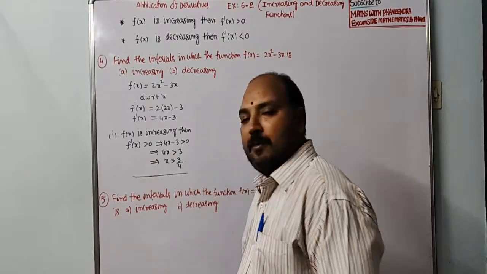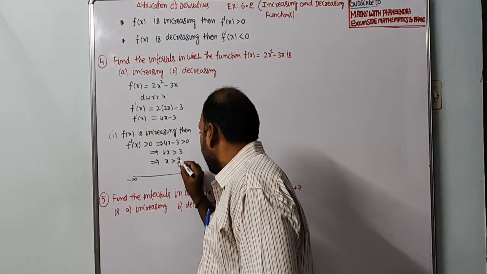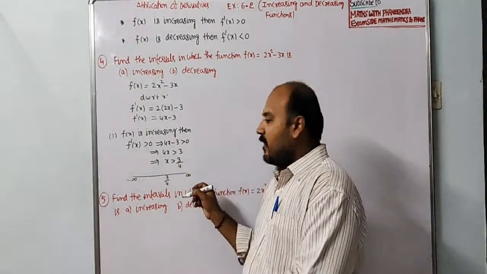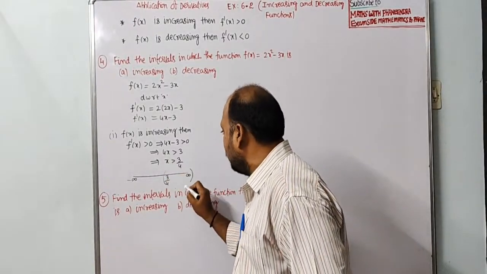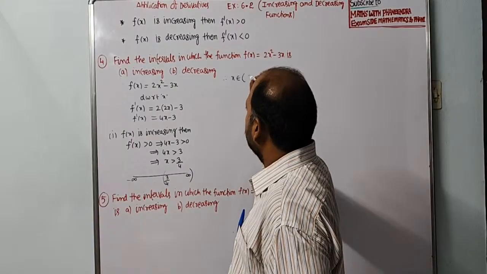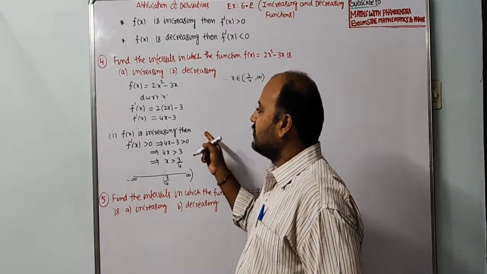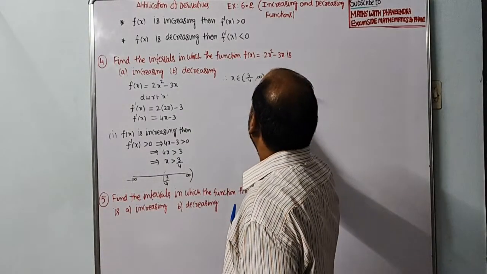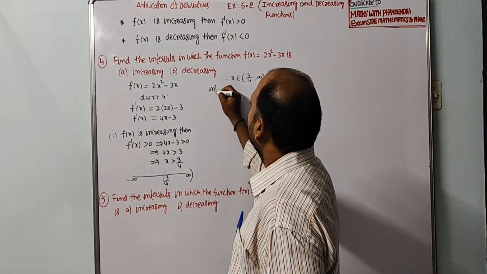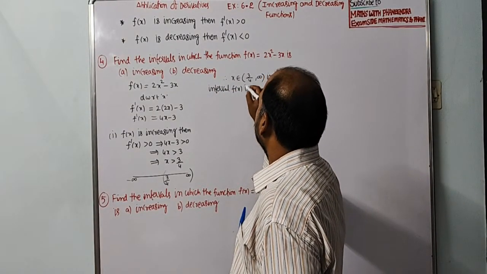On the real number line, from minus infinity to plus infinity, this is 3 by 4 here. x is greater than 3 by 4 means from here onwards. Therefore x belongs to the open interval 3 by 4 comma infinity. In this interval, f of x is increasing.